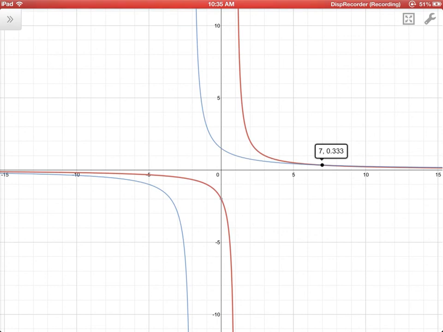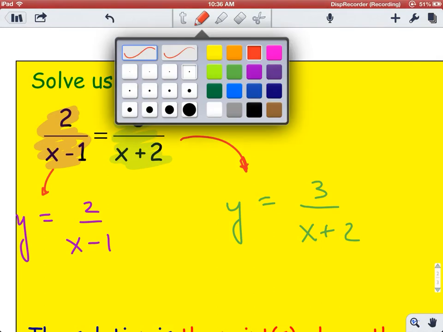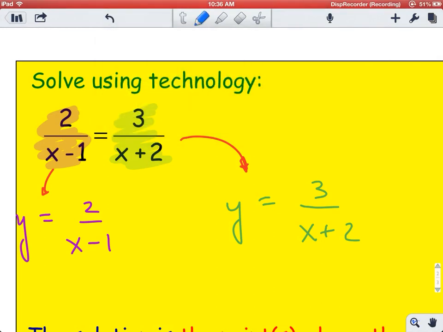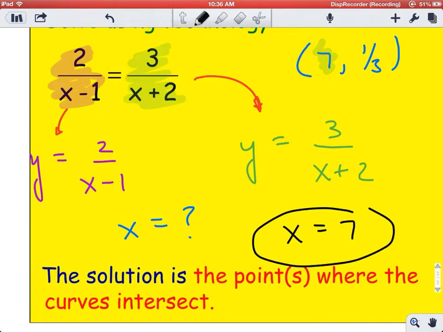And the question is, what are we looking for? Well, we're looking for the x value. So even though we got the ordered pair, 7 comma 1/3, what I really care about is the 7. So the solution to this is 7.